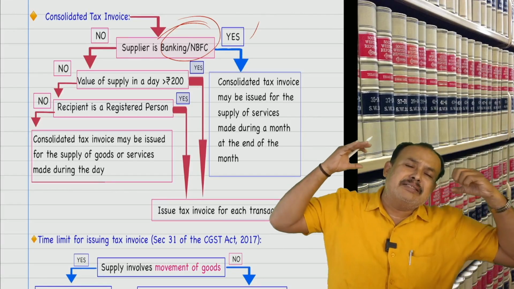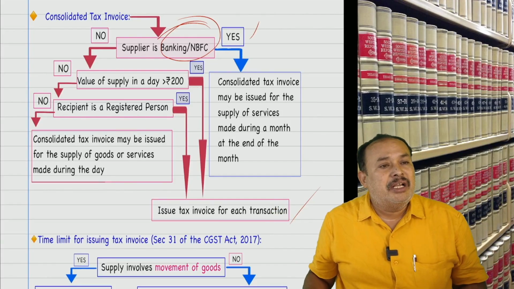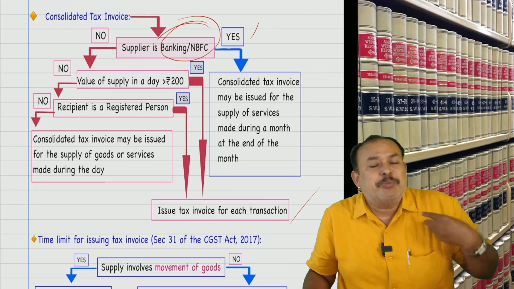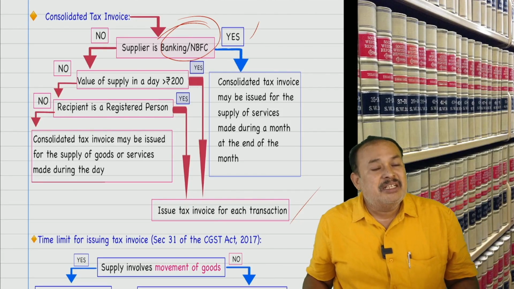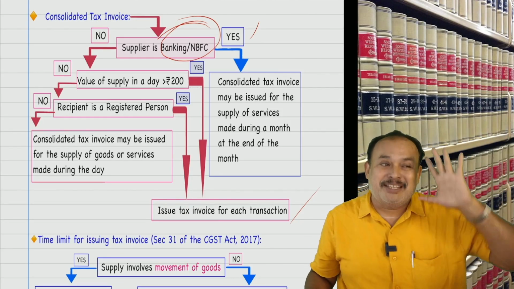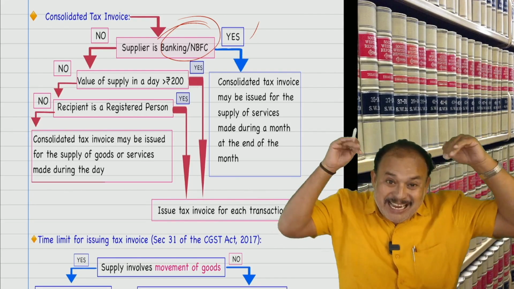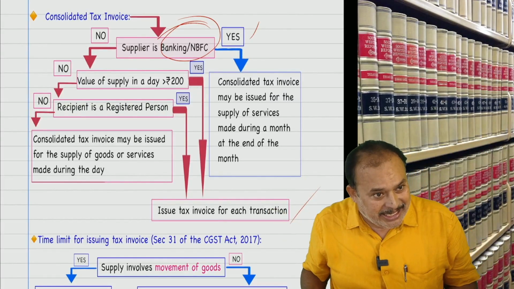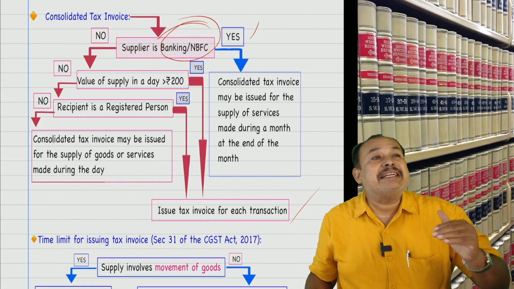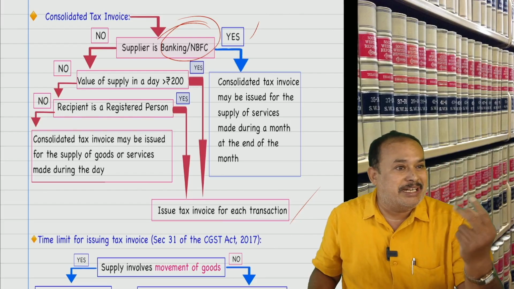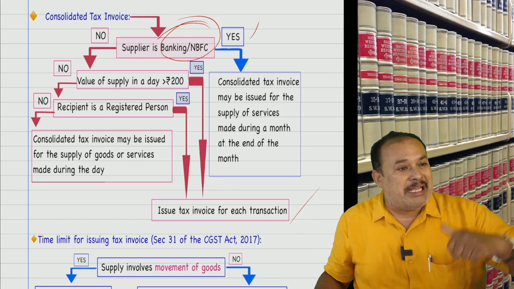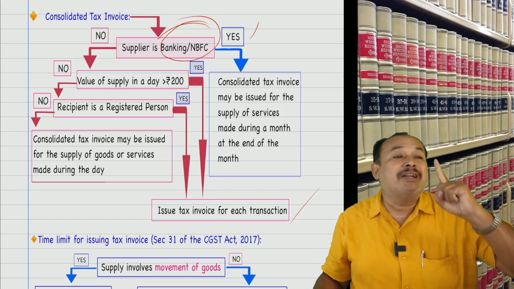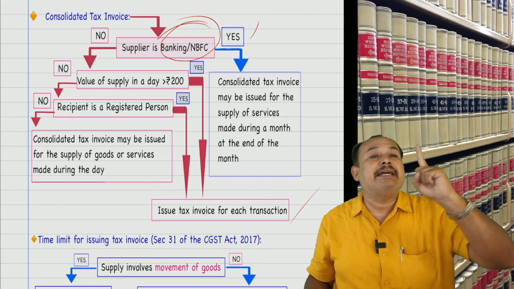Then when will a consolidated invoice come, sir? Only when a registered person supplies goods or services to an unregistered person in a day not exceeding rupees 200, then only for all those supplies for the day, one consolidated invoice can be issued.